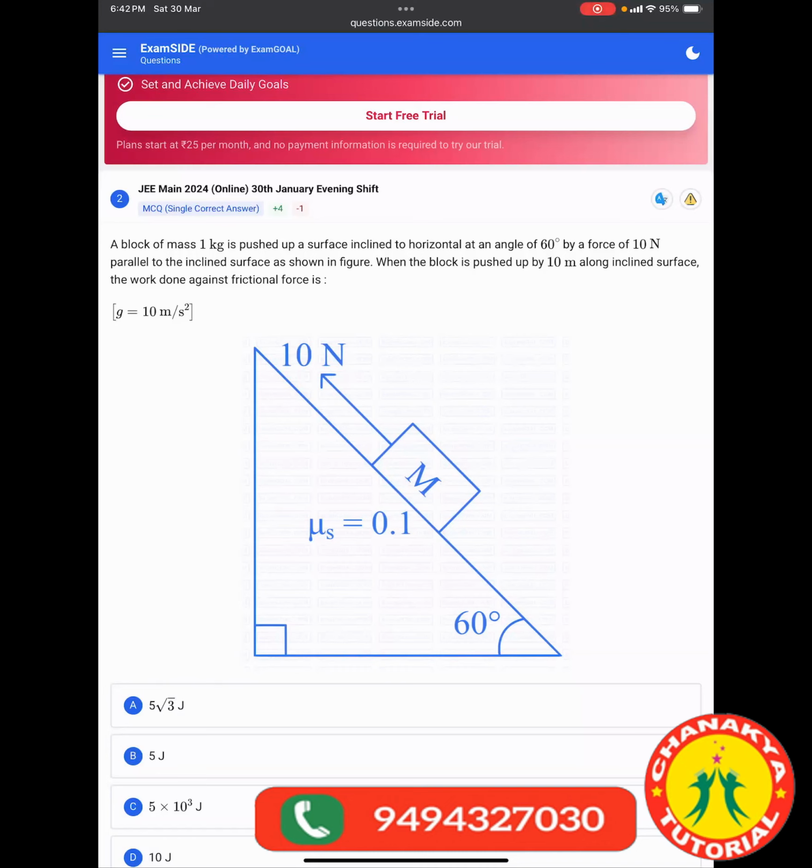Is mg sin theta acting down or up? It's down also. So mg sin theta and friction are both in the same direction, so mg sin theta is not doing work against friction. The only force which is doing work against friction is the 10 Newton, and the displacement is given as 10 meter. Simply multiply 10 Newton by 10 meter.